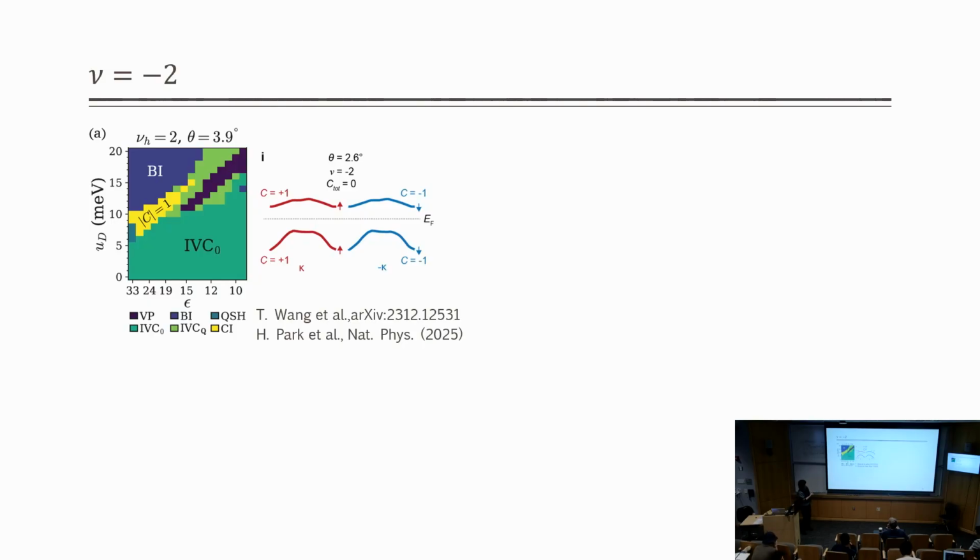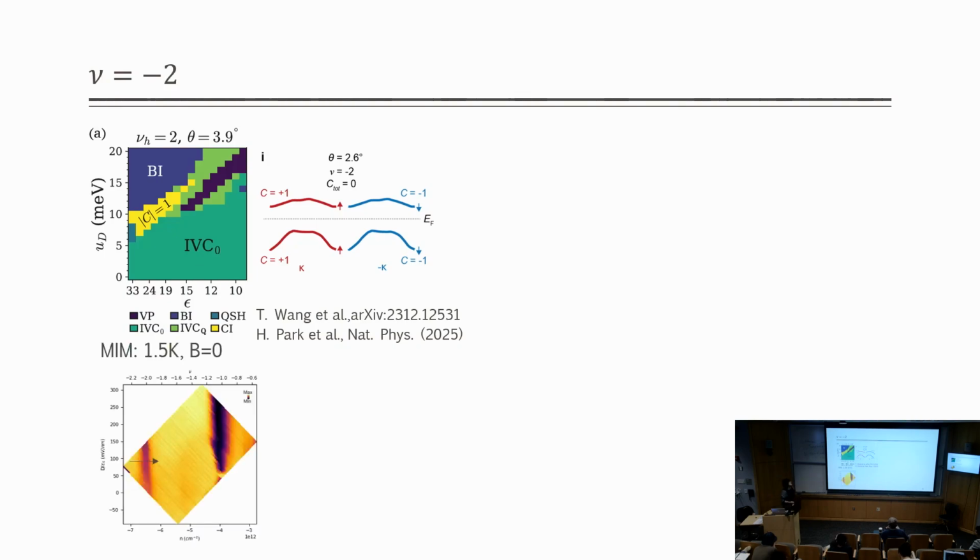Because nu equals -1, one can think of it as just having one of these valley polarized bands. So that's relatively easy to guess. But for nu equals -2, because there are two valleys, they could be balanced, they could be imbalanced, so there could be different compositions of nu equals -2, leading to different ground states.